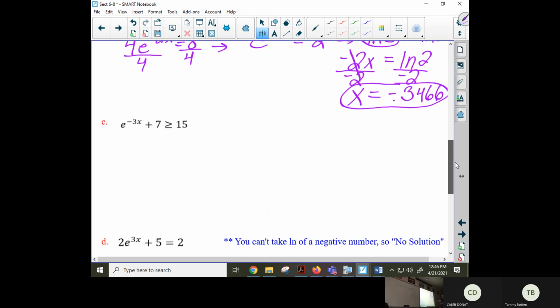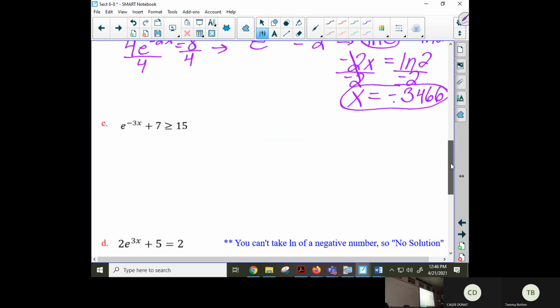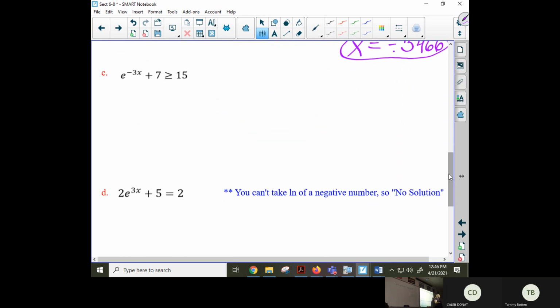Okay. Now we have an inequality, but we're doing the same thing. And all you have to be careful of with your inequality is if you divide or multiply by a negative, switch the sign. So again, I'm isolating my e. So I'm going to subtract 7, and I get e to the -3x is greater than or equal to 8. Okay, would you guys know what to do now?